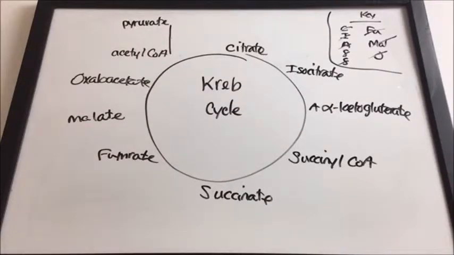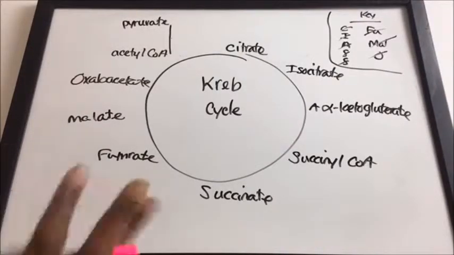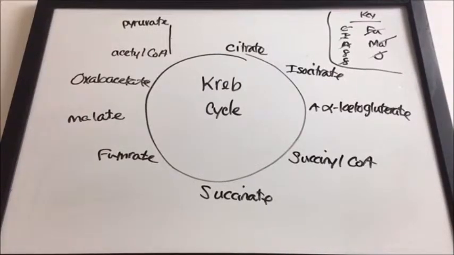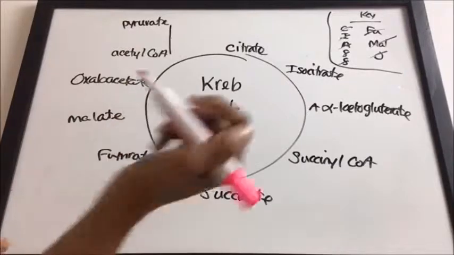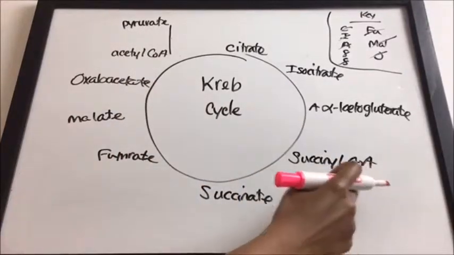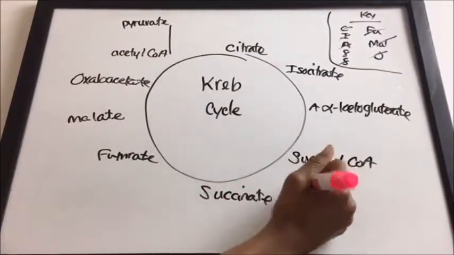Next up, we have our enzymes. We're going to remember those. So most of them are dehydrogenases. So we're going to leave that for last and focus on synthase. Now the two synthases in the Krebs cycle are between succinyl-CoA and succinate.